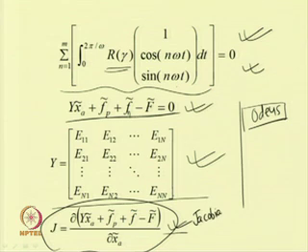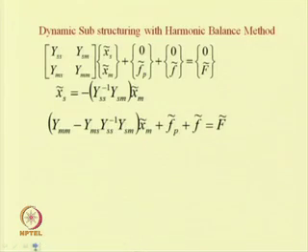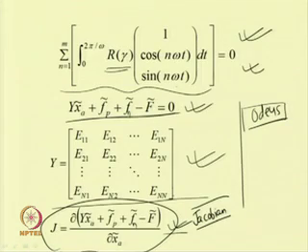This is the Jacobian matrix which is required to be solved in each iteration, and this is equal to J equal to del of y(x_a) plus f_p plus f_n bar minus f bar by del x_a. So, solving this, one can find the response amplitude x_a of the system for different system parameters.